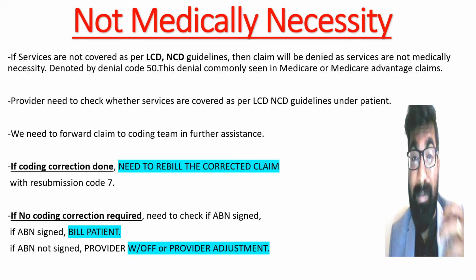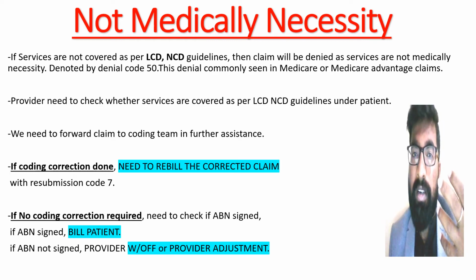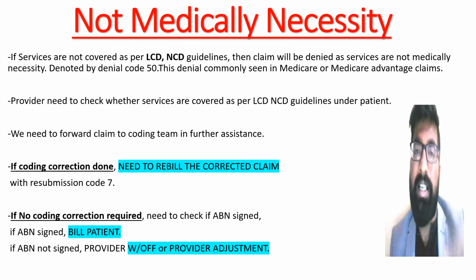If there is no valid relationship between the CPT code we billed and the diagnosis code we billed, and it is inconsistent, then we have to check whether those are under the LCD NCD guidelines or not.